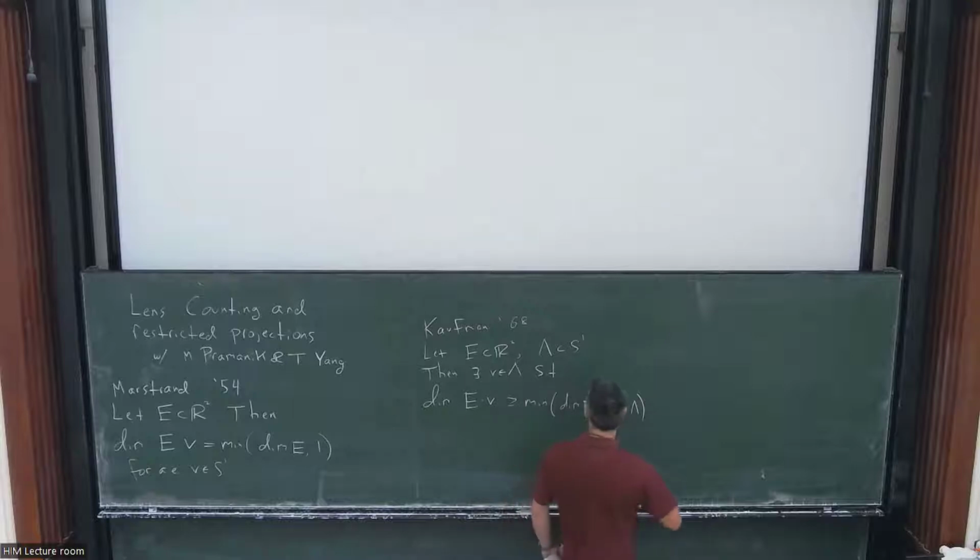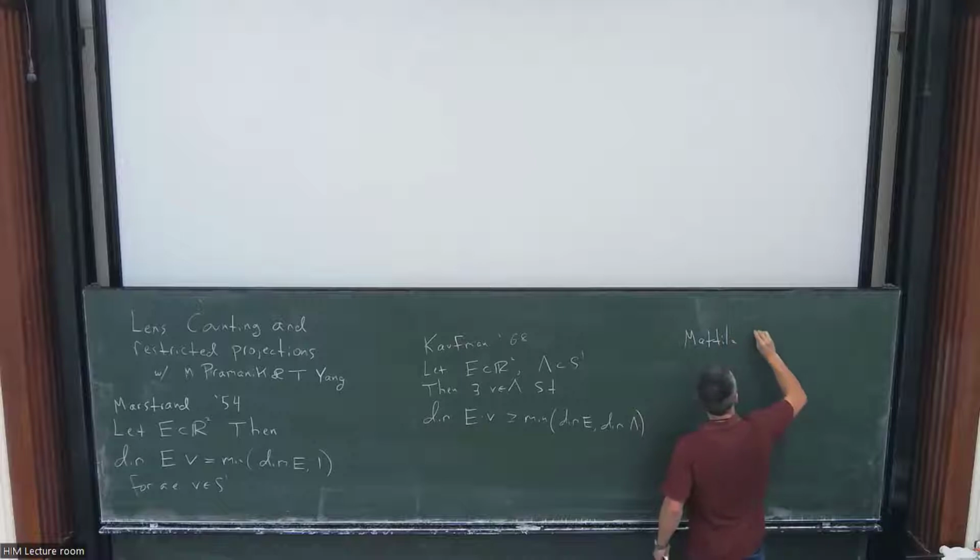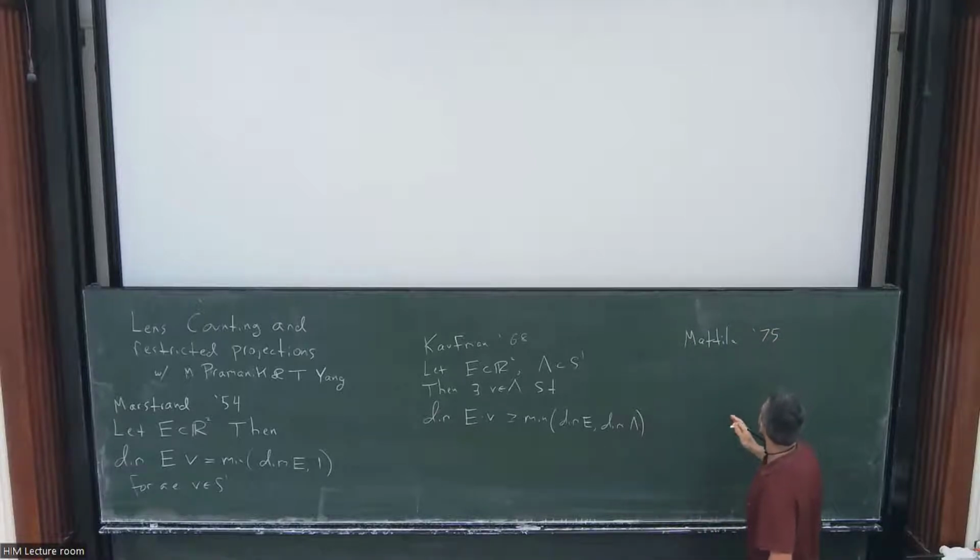And one version of this is a result of Mattila, and I'll just state a very special case of it. This is from 75, and it's possible that this special case actually predates Mattila's 75 result, but certainly it follows from his results, even if it was already known.